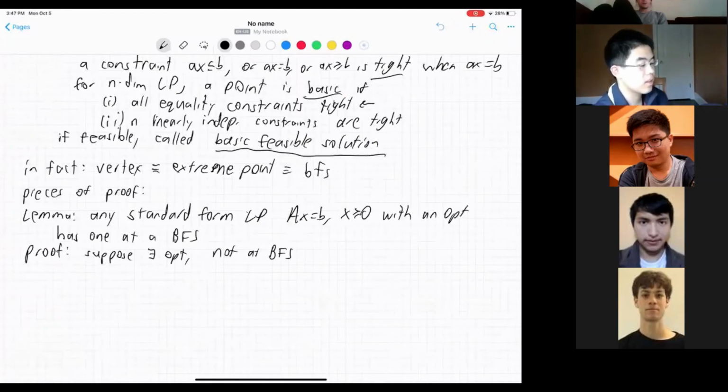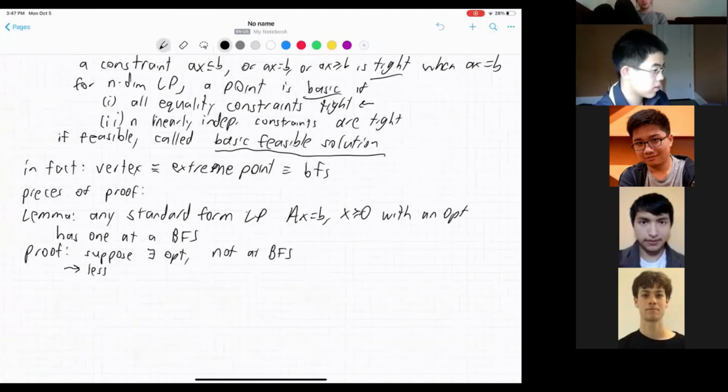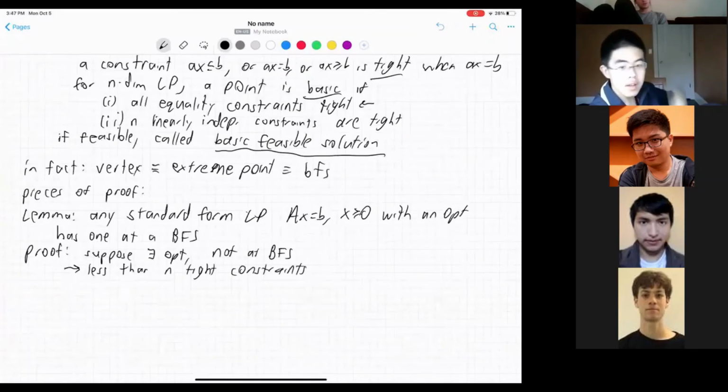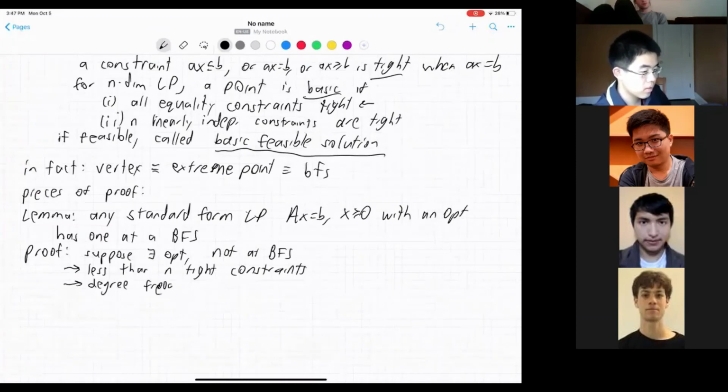Well, if it's not at a basic feasible solution, it implies that there are fewer than n tight constraints on this point X. So this means that there is a degree of freedom to move X while keeping these tight constraints.